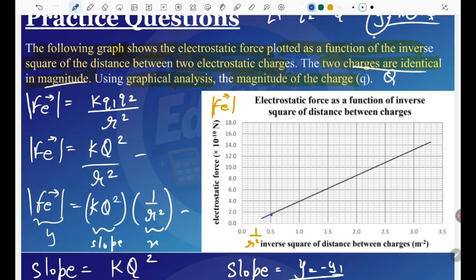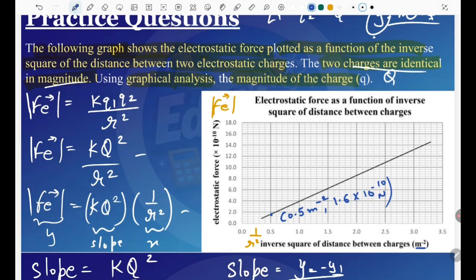So this point is about 0.5 meter minus 2 comma, and from here this is approximately 1.6, again we have 10 raised to the minus 10 newtons. So this is the point.